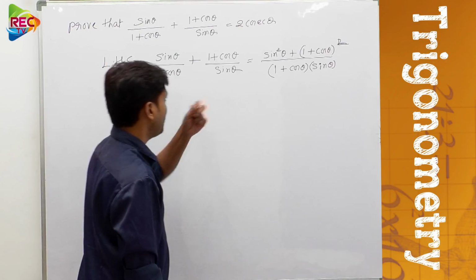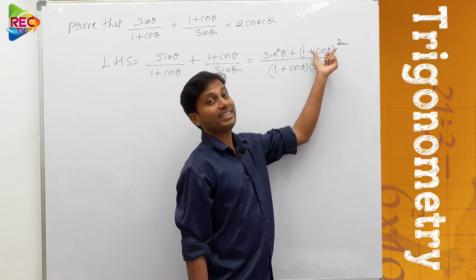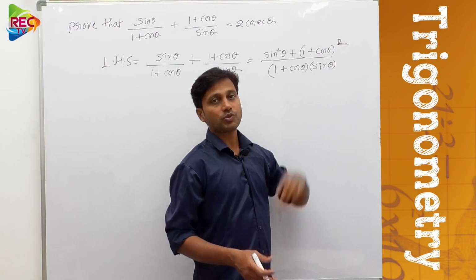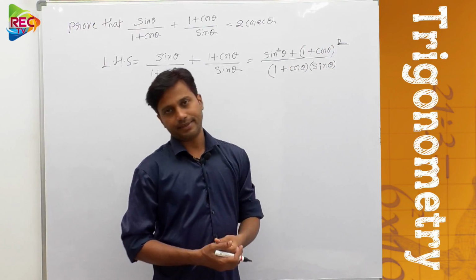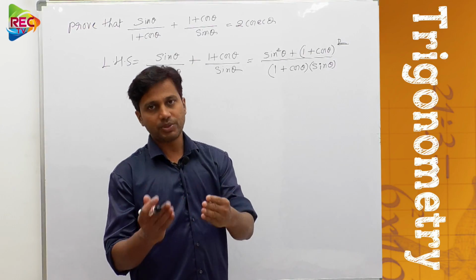Okay, now just do one thing. Here 1 plus cos theta whole square is there in the numerator part. Just expand it using a plus b whole square format. See, is it in the form of a plus b whole square or not? Exactly. So how can we expand that? A square plus 2ab plus b square.